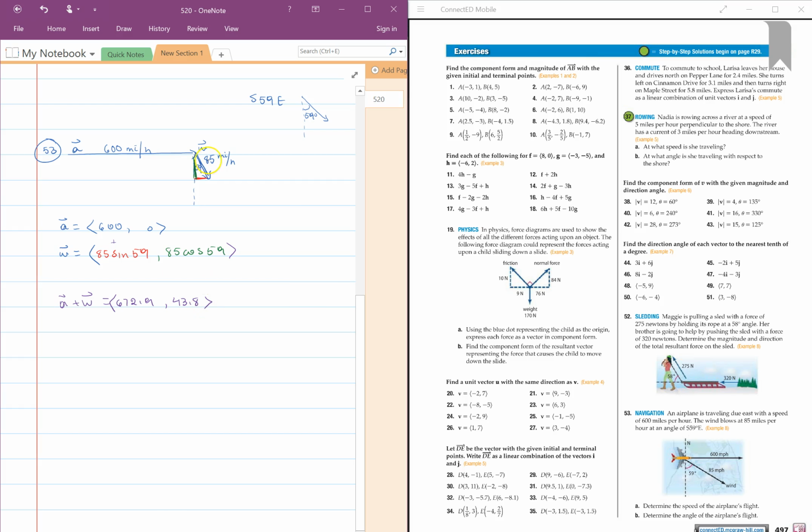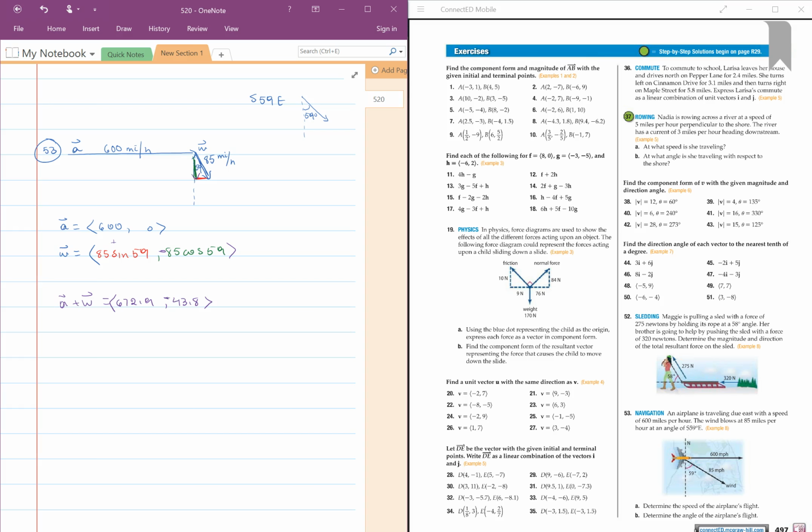And notice for this wind vector, is y pointing in the positive or the negative direction? Y is pointing in the negative direction, so there should be a negative here. Here, y points downward. Okay?